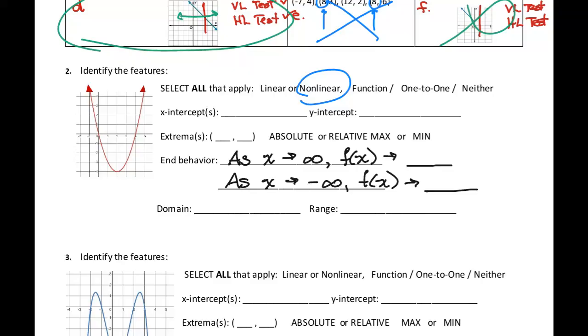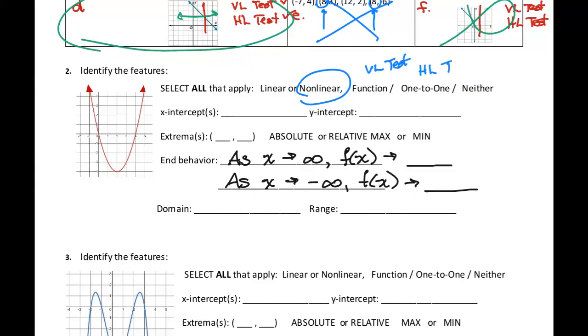Function. Is it a function? Is it one-to-one or neither? What do I have to test here? What test do I need to use? Vertical. Yeah, let's try to say vertical first. You know what I'm saying? Vertical line test if it's a function, and horizontal line test for one-to-one.